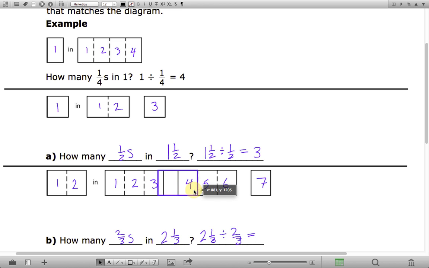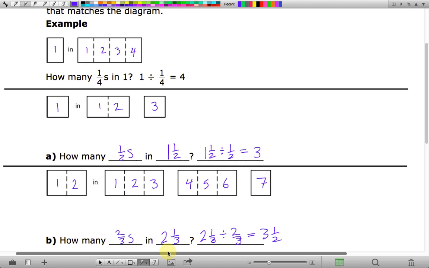The other half will fit on there. So that's twice, 3 times, and a half. So 3.5 times I was able to fit this rectangle to cover up that entire area there. So in other words, 2/3 goes into 2 and 1/3 3.5 times.